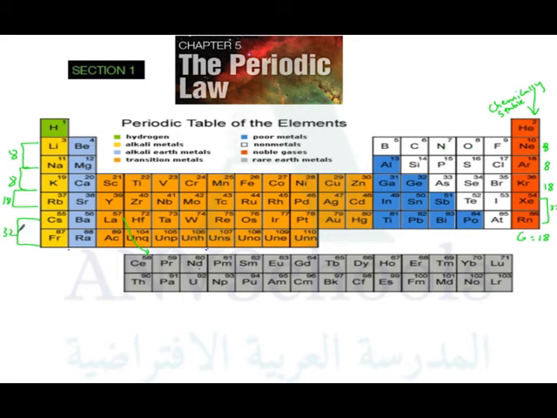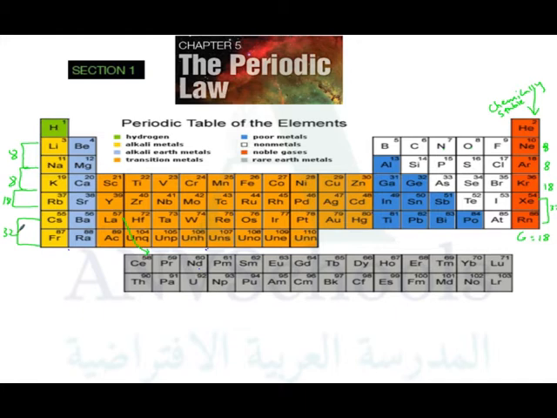So this tells us the periodicity at intervals of 8, 18, 32: you will have the same kind of element, meaning the same kind in behavior. The same is true here. We will observe similar behavior after some intervals. This is what we call periodicity. It exhibits periodic property.